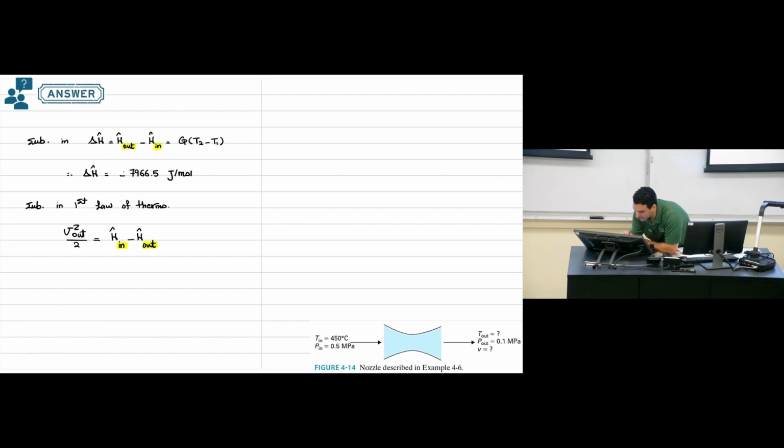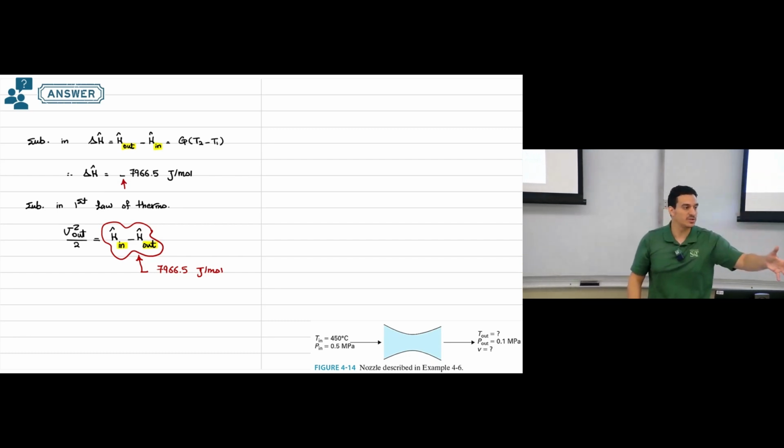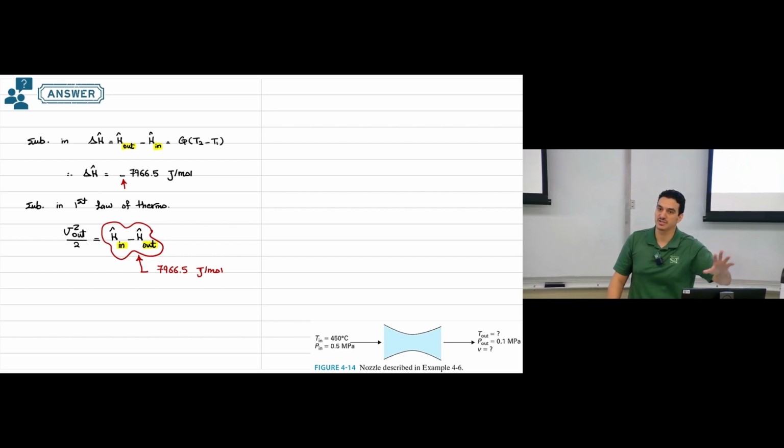So here in this one, this term, H in minus H out, this one is equivalent to 7966.5 joule per mole, not the negative. Okay, because one equation gives you H out minus H in, the other equation needs H in minus H out.